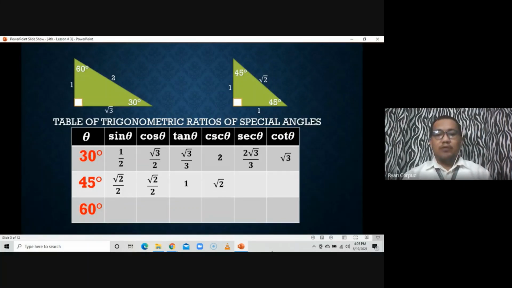So, ganun din yung secant 45 degrees kasi secant is the opposite of cosine. So, same sila. Kung ang cosecant ay square root of 2, so ang secant ay also square root of 2.